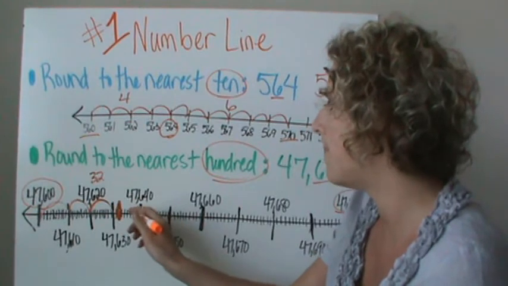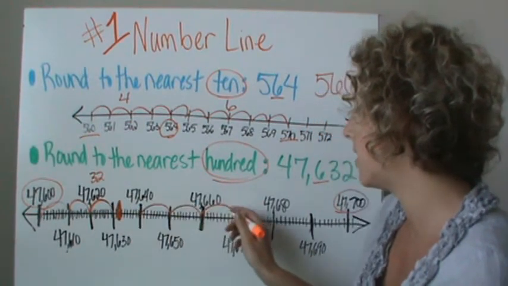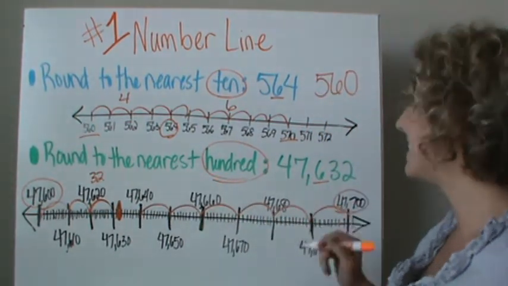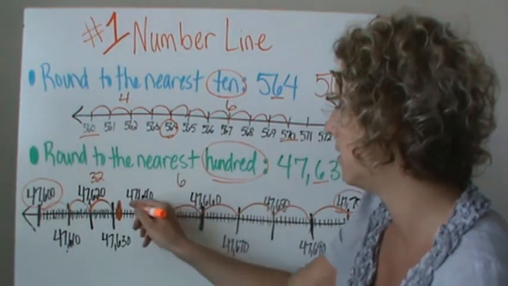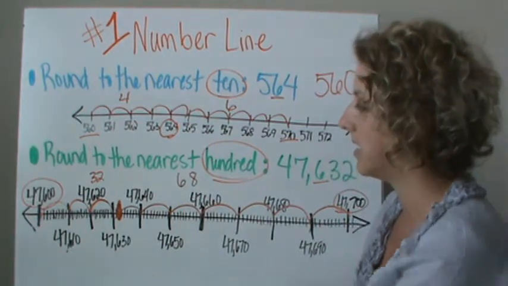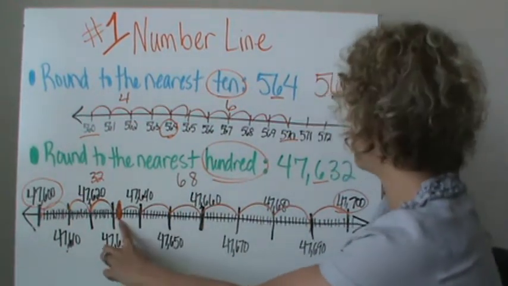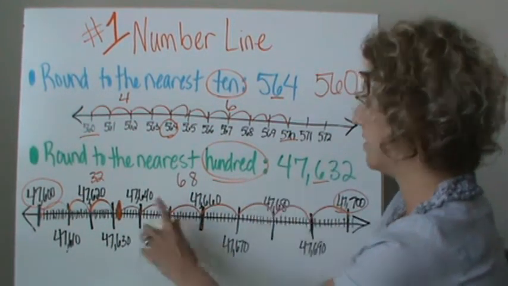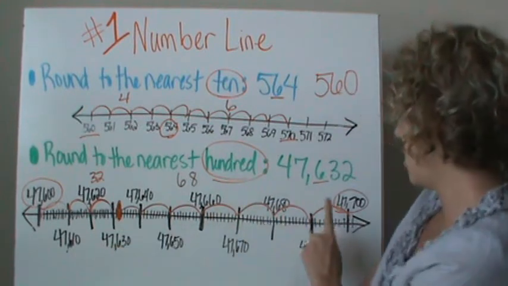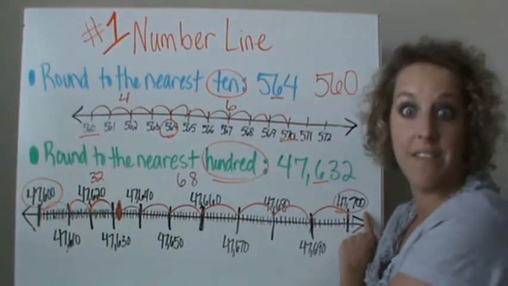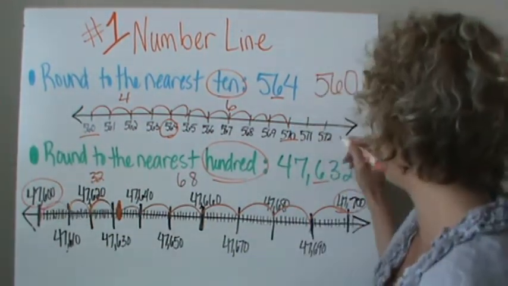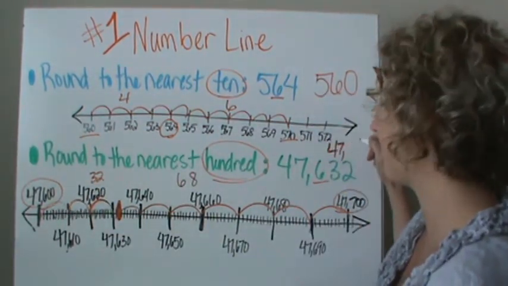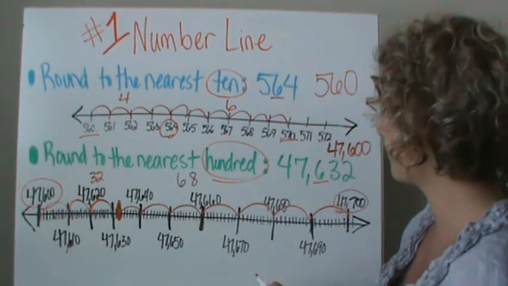And then there are about, we'll say 10, 20, 30, 40, 50, 60. And then there's 8 left here. So 68 spaces from 47,632 all the way to 47,700. So I would round it to the closest, 47,600.